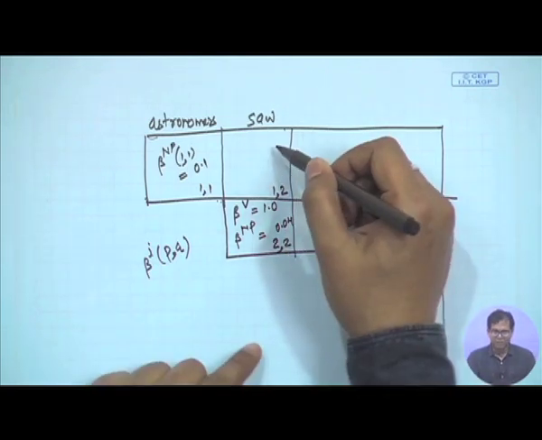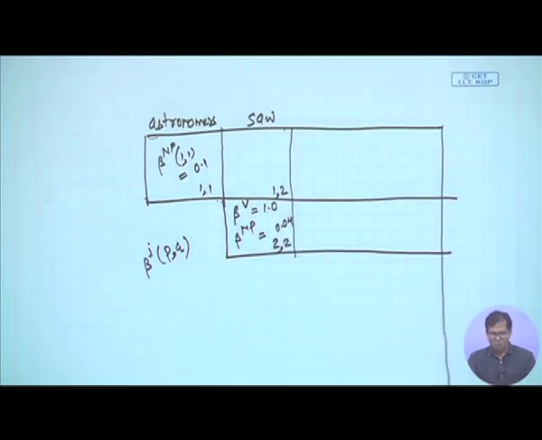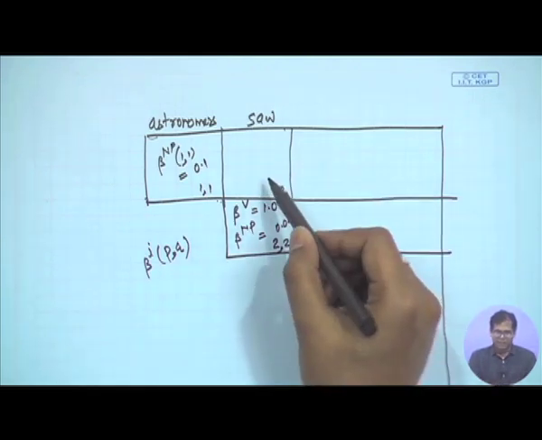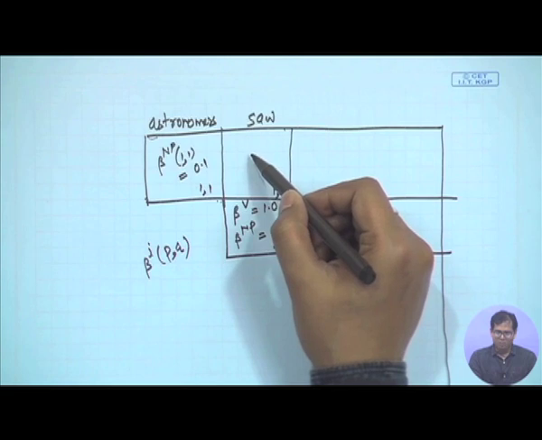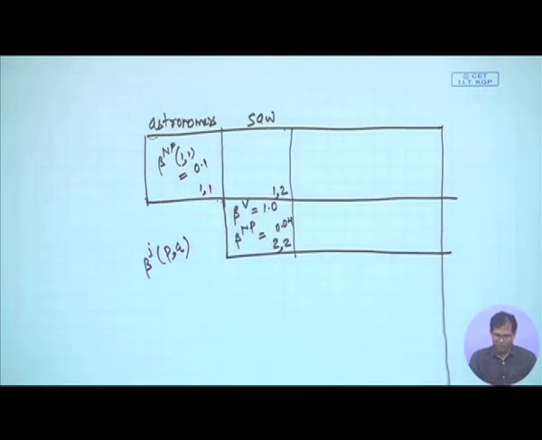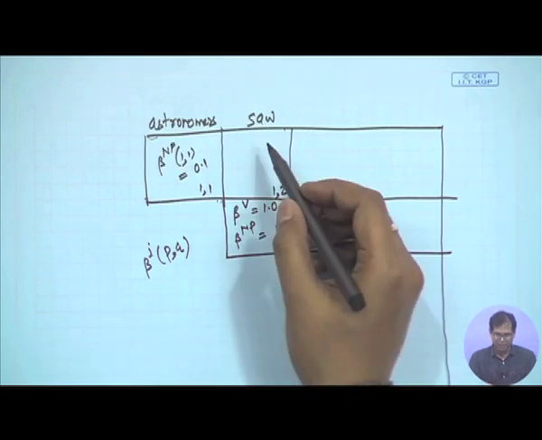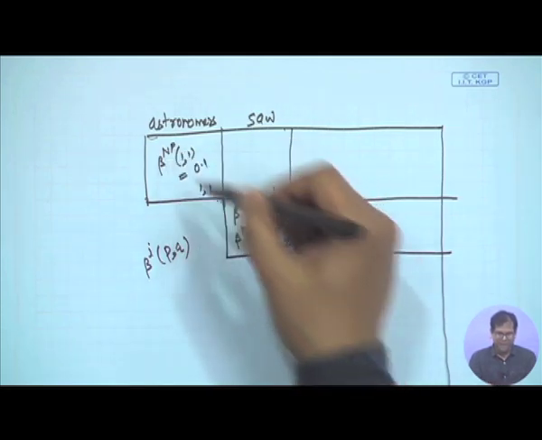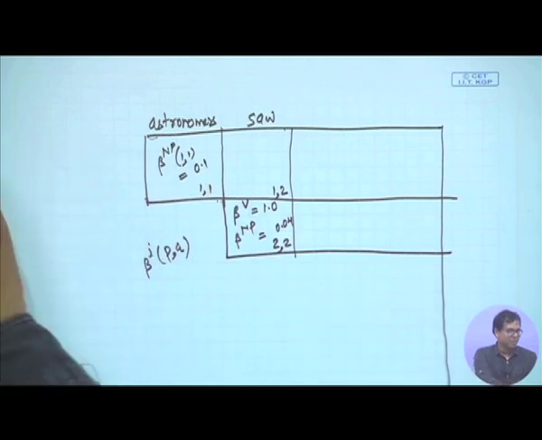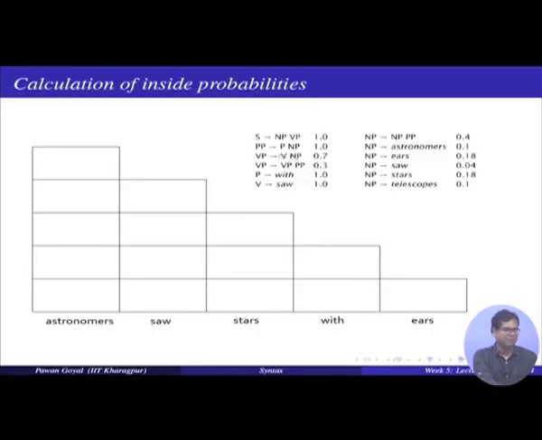Now suppose I have to fill this one, 1 2. What is the particular non-terminal that will derive this whole thing? Again, similar to what we were doing in CKY, is there something that derives NP and NP? If I see my grammar, nothing derives NP and NP on the right hand side. Now is there something that derives NP followed by V?